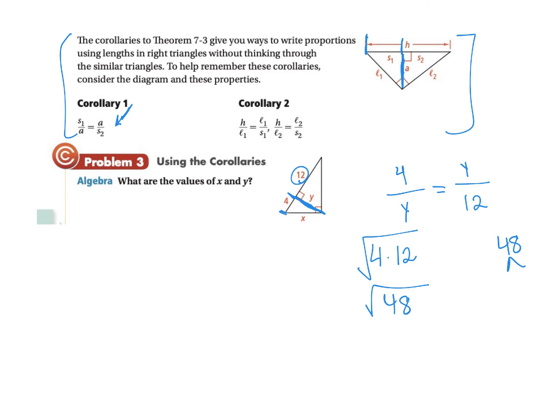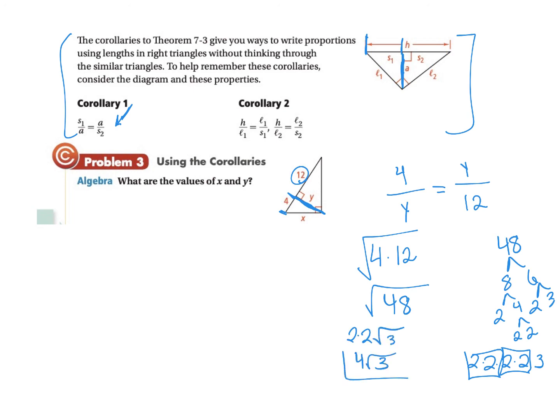That's fine. But 48, I can break that into 8 and 6. 8 is 2 and 4, and that would be 2 and 2. And 6 is 2 and 3, so I have actually 4 2s and a 3. So I have 2 sets of 2s and then a 3. So I have 4 radical 3 as my answer for Y.